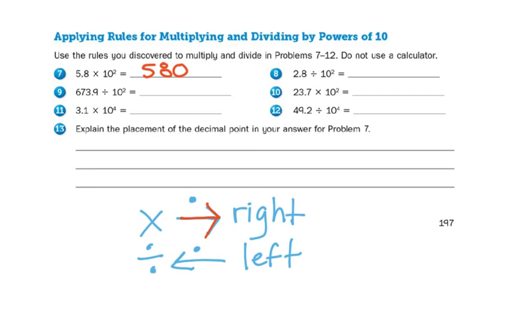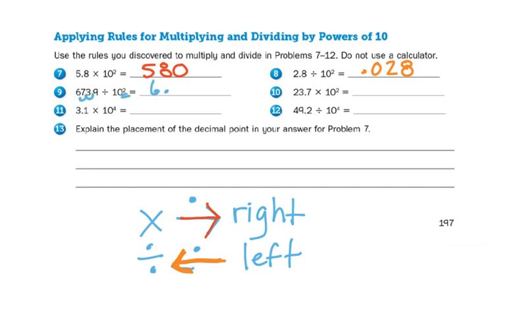Number 8. I'm dividing, so my decimal point is going to the left once for each exponent. So 2 divided by 10 to the second power moves 1, 2. Number 9, 673 and 9/10 divided by 10 to the second power moves 1, 2 places.